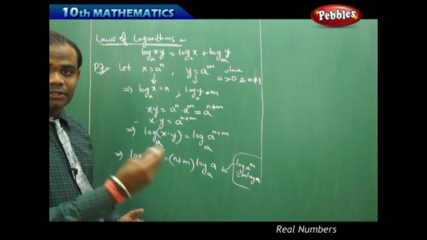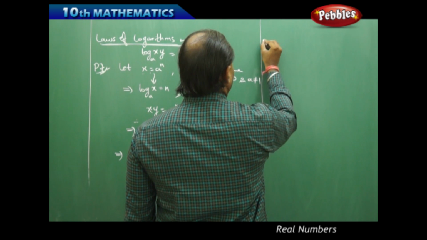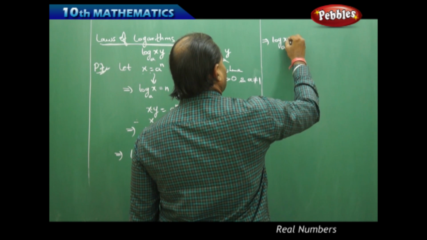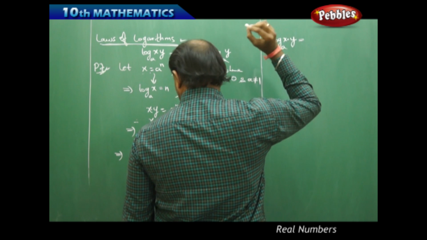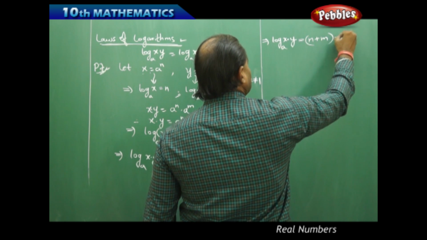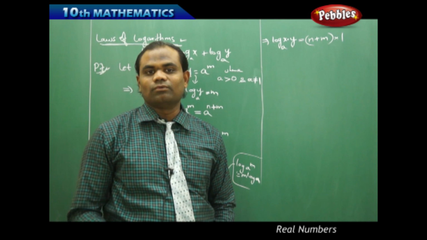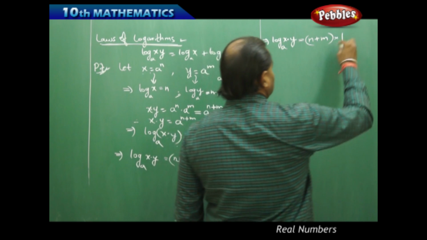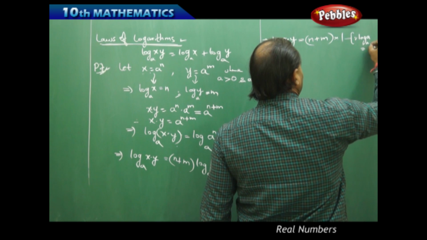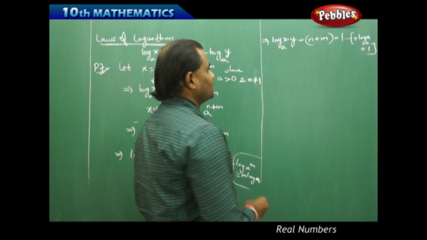Now, when I continue with this, the left hand side becomes log xy equals n plus m times 1, because log a to base a is already proved to be 1, as we have already proved that.